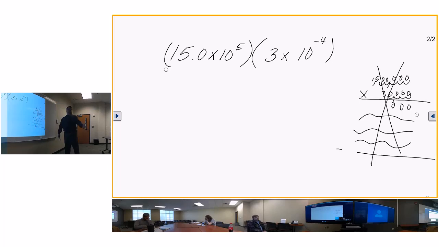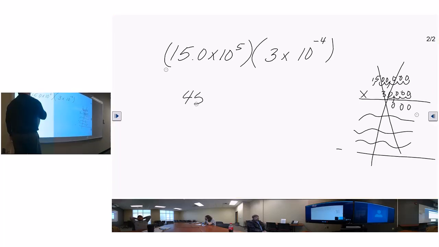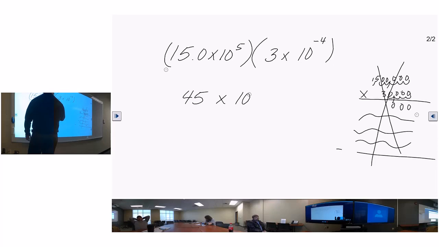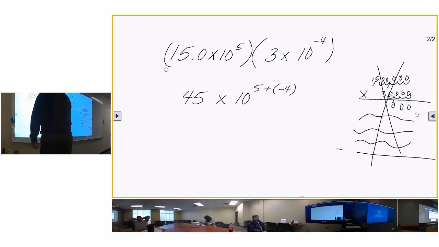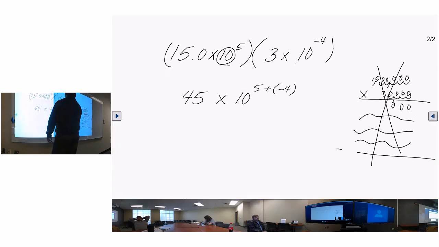You're supposed to use the product rule and a little bit of multiplication, and then you have to know scientific notation to fix the answer, because the answer is not in scientific notation. So, 15 times 3 is what? Times 10 to the 5 plus negative 4. These are the same bases, are they not?